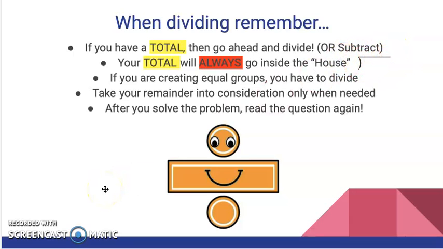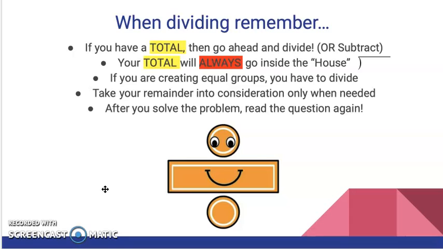If you are creating equal groups, you have to divide. If you see those keywords, equal groups, dividing, total, okay, or the same amount, those are all keywords that will help you determine or know that you have to divide. Now, if you have a remainder, then you have to take it into consideration only when you need it, okay?